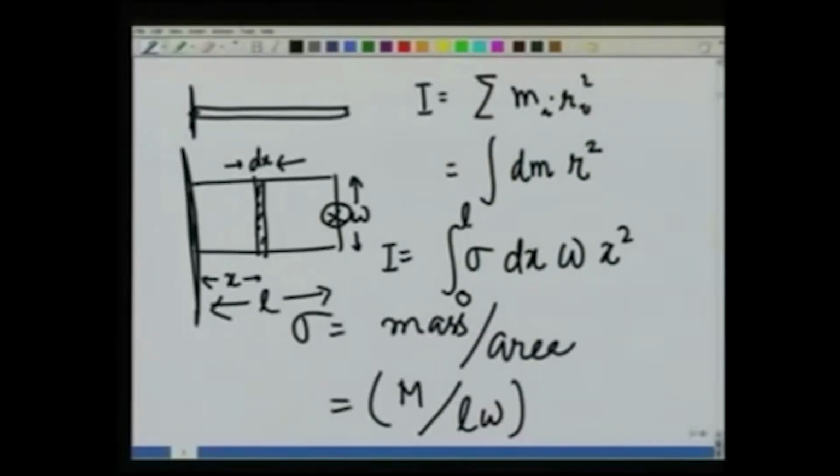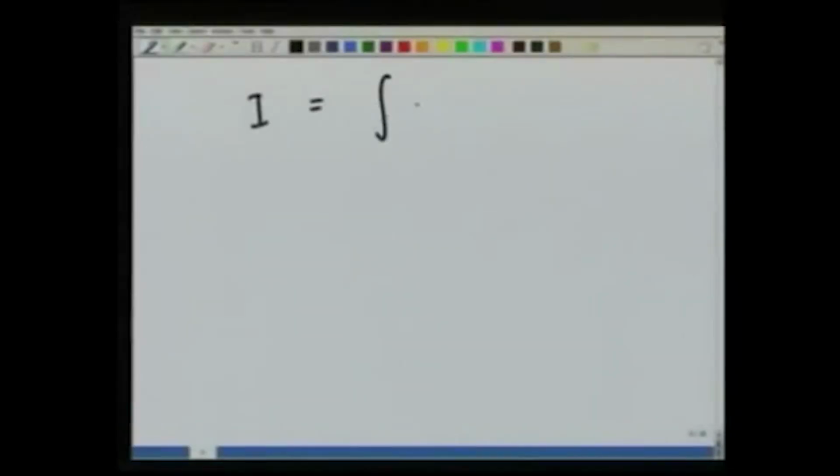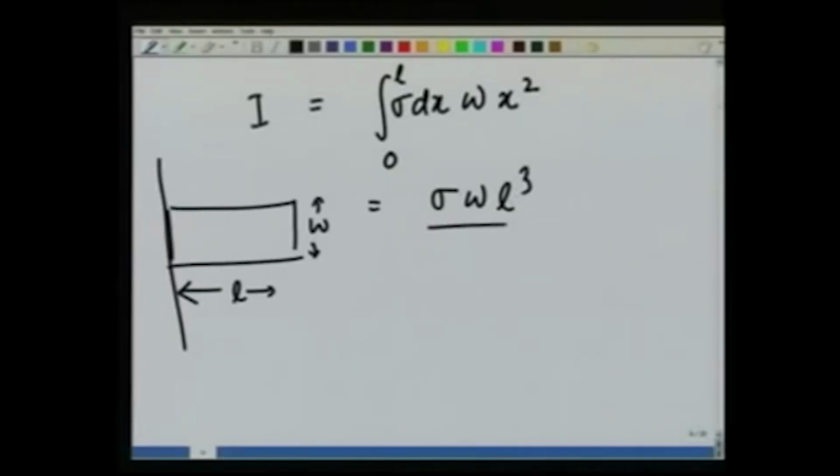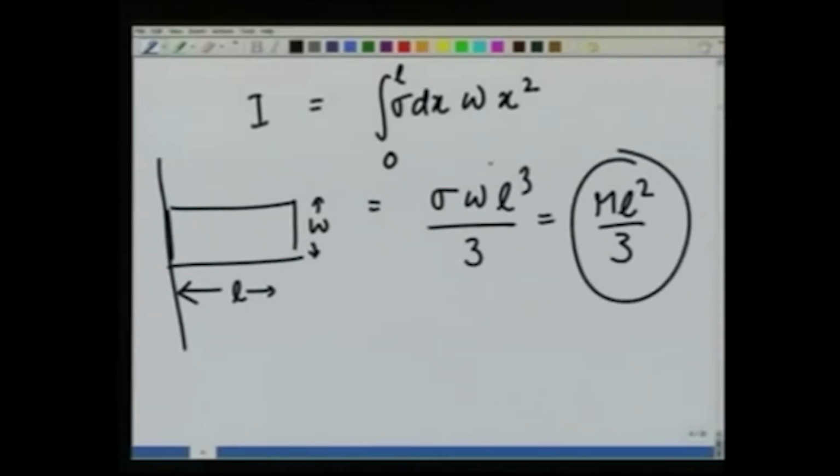So, let us do that, and when we do that, I get I is equal to integral dx sigma W x square from 0 to L, where I am talking about this rectangle rotating about one of its sides, length L, width W. So, this comes out to be sigma W L cube over 3. Sigma W L is nothing but the mass, so m L square over 3, a result that you are well familiar with.